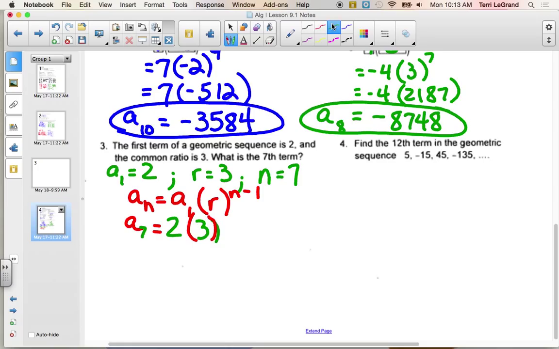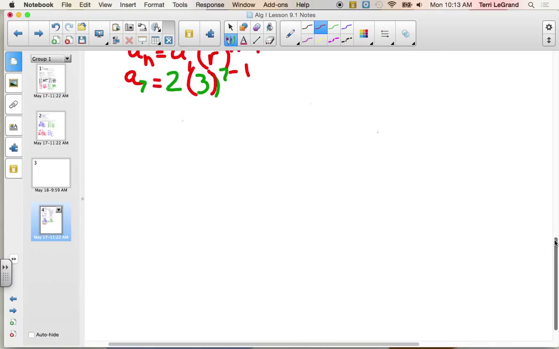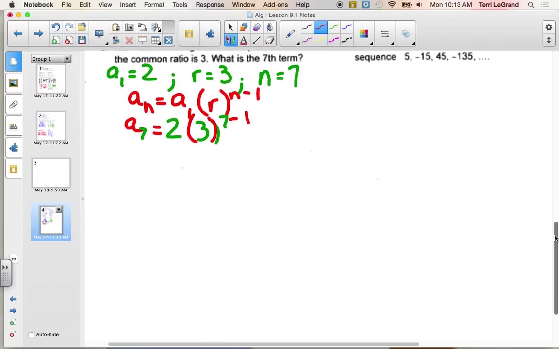And we know that n is again 7. Okay. So we just substituted into our formula those things that they gave us, really, but we gave them their algebraic notation. And now we can figure out what the 7th term of this sequence is.